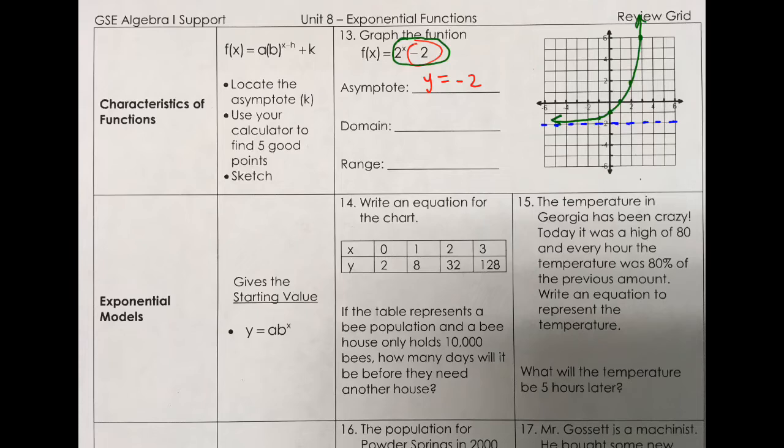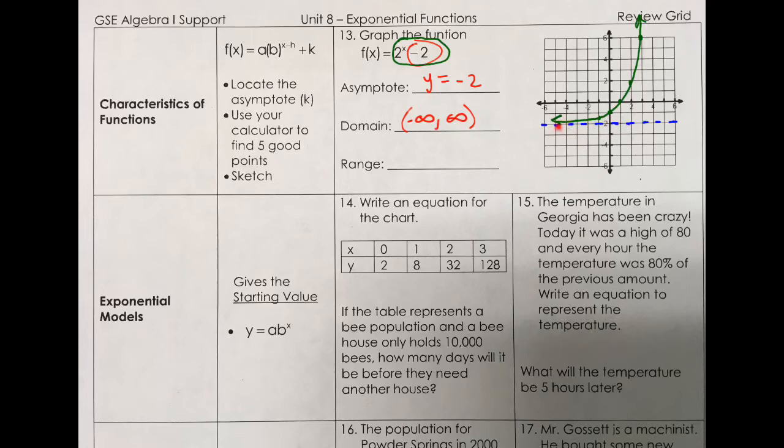And so now we can do our domain and range. So we have, let's go with red, negative infinity. Furthest left is going to go negative infinity. Comma. Furthest right is positive infinity. If we look at our range, it's never going to go below the asymptote, right?